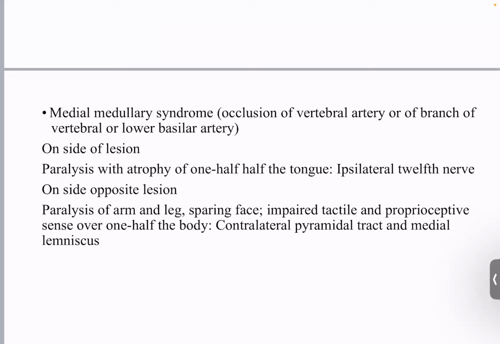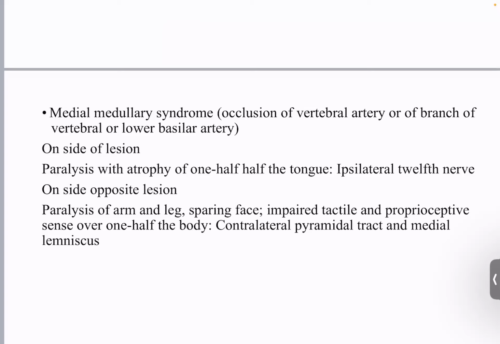To summarize, medial medullary syndrome, as sir mentioned, is a medial syndrome, so we have the 4 M's. In the medulla we have cranial nerves 9 to 12, of which 12 is the only motor cranial nerve. So we have ipsilateral 12th nerve involvement, causing paralysis with atrophy of one side of the tongue.